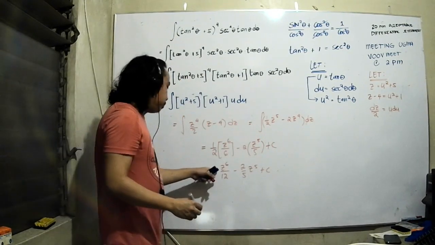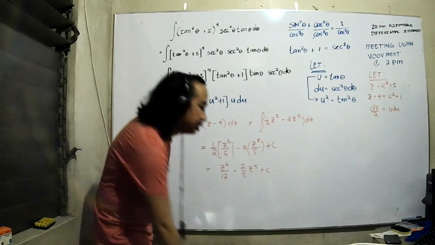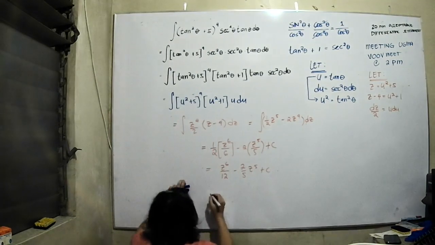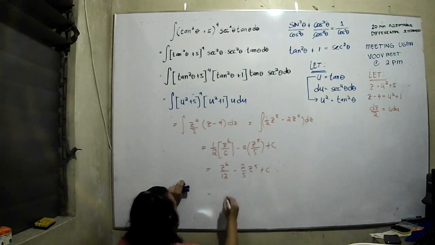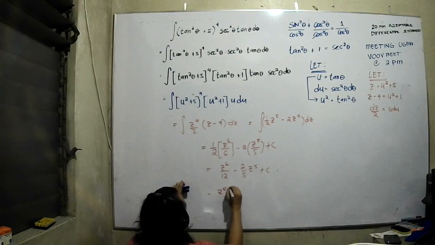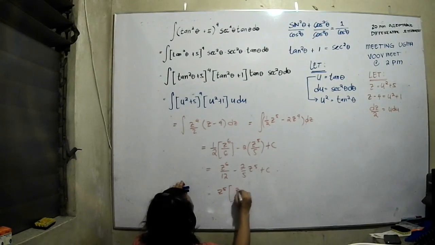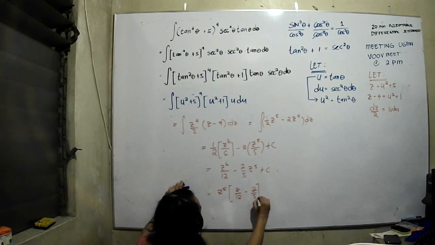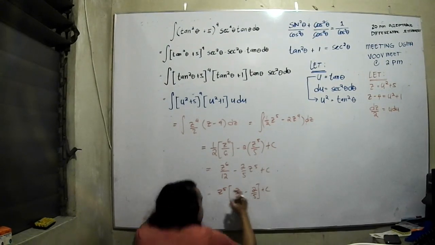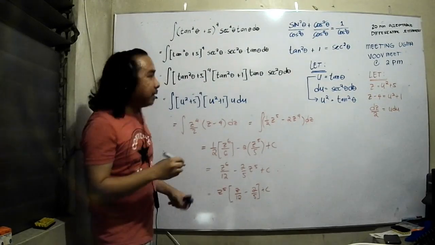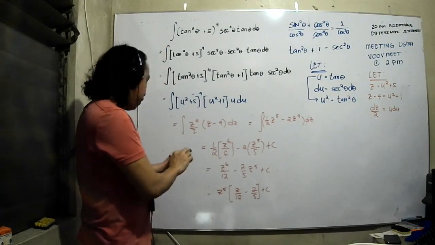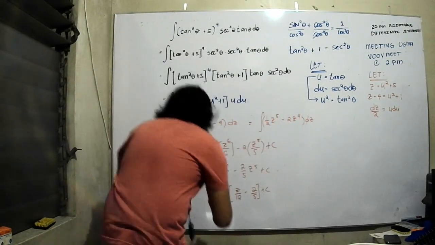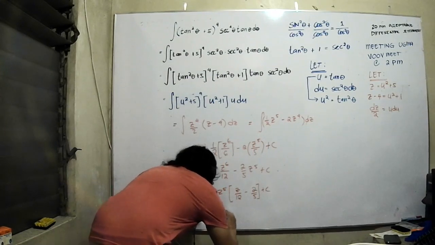Let me factor out z to the 5th. So, z to the 5th multiplied by z over 12 minus 2/5 plus C. Then I will manipulate this.